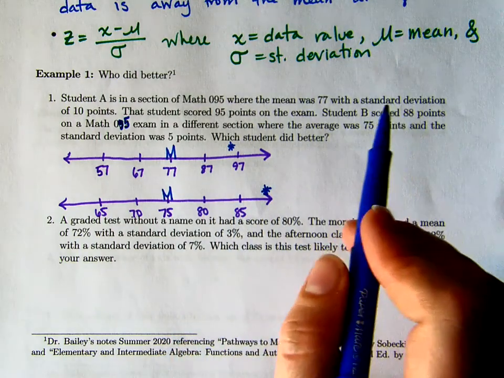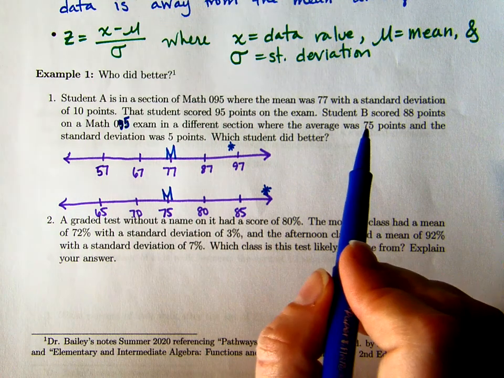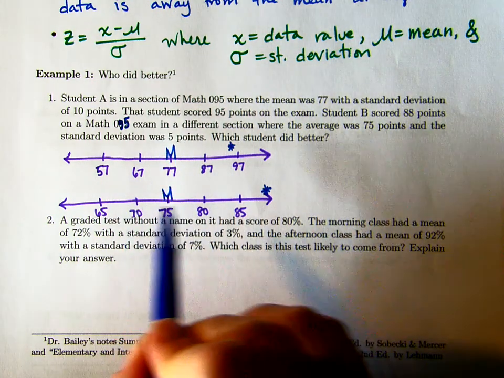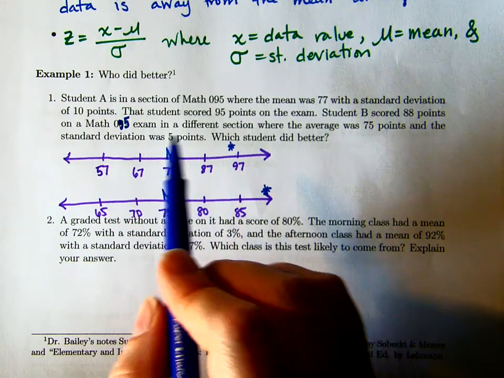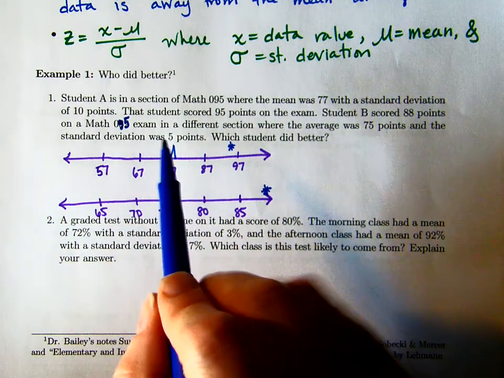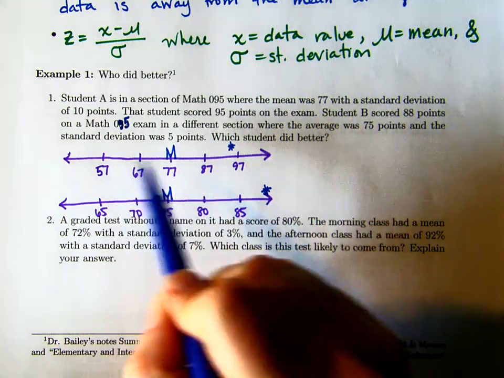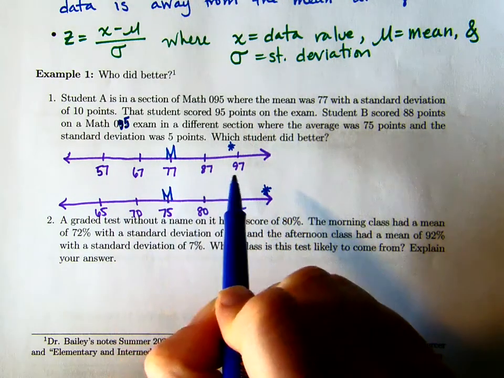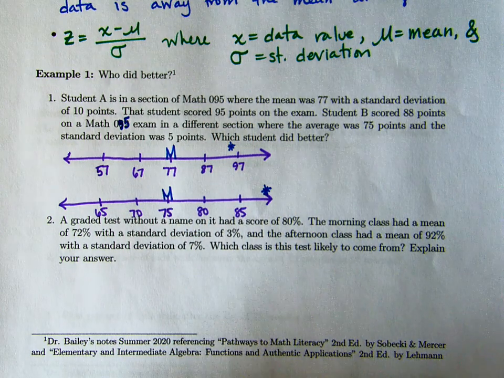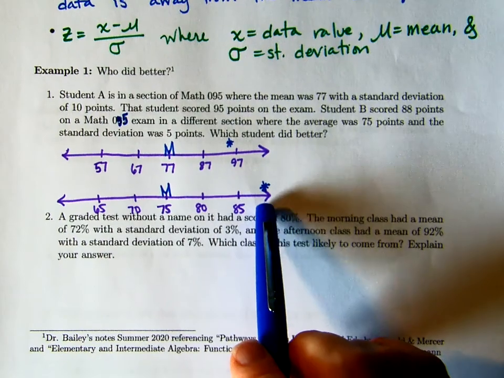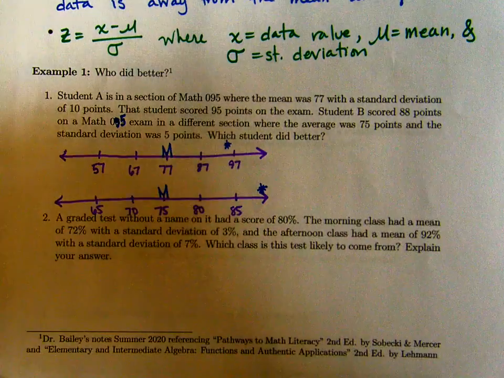This 88, this was a tougher exam with a lower average, and everybody scored right around this 75 marker, because that deviation is low. Whereas here, people scored a 77, but they deviated quite a bit from that. So when I look at this marker being way over here, I'm like, student B did better.